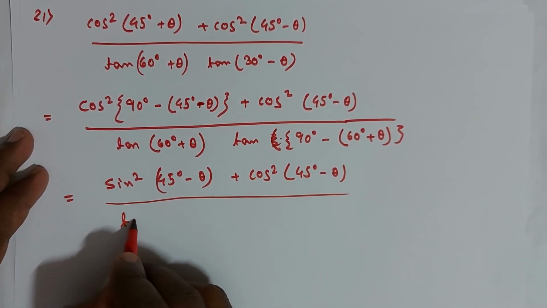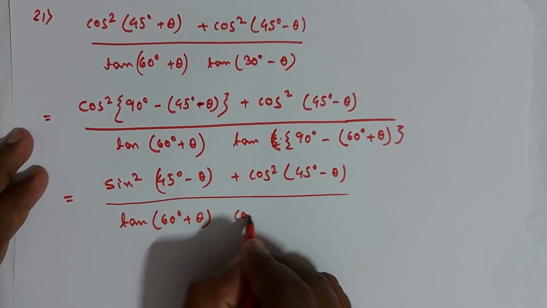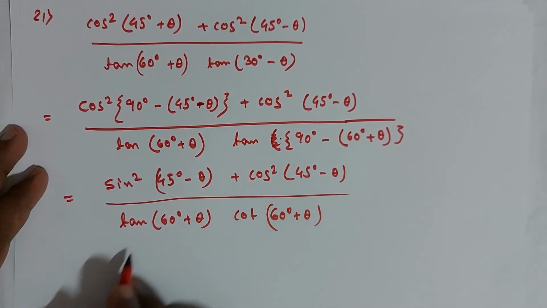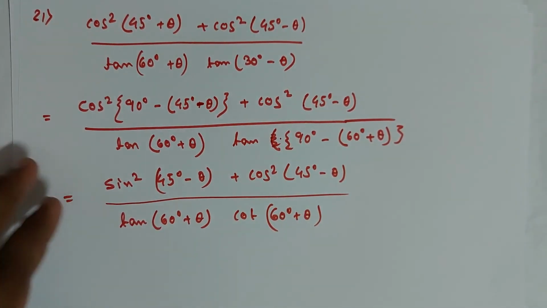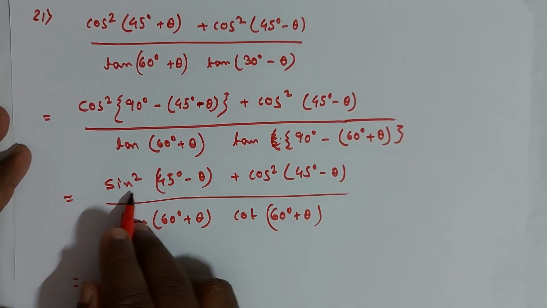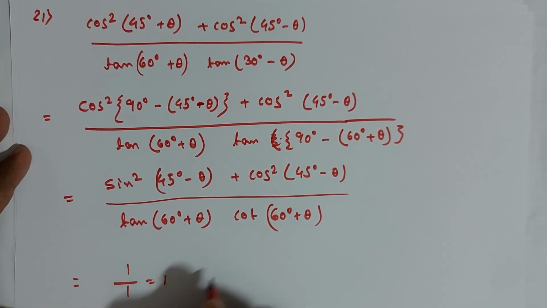Okay, so this is tan of 60 degree plus theta, and this will be cot of 60 degree plus theta. Okay, so we know that cot is the reciprocal of tan. So tan theta into cot theta is equal to 1, and sine square theta plus cos square theta is also 1. So 1 by 1, this is 1.